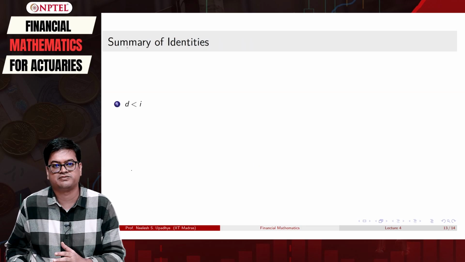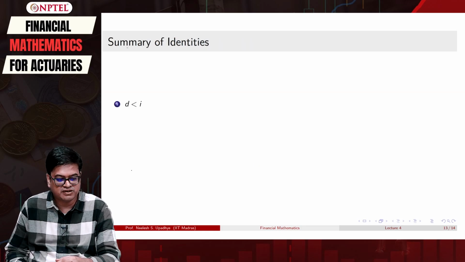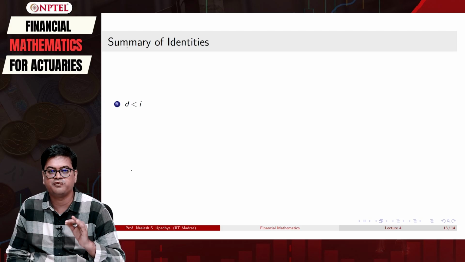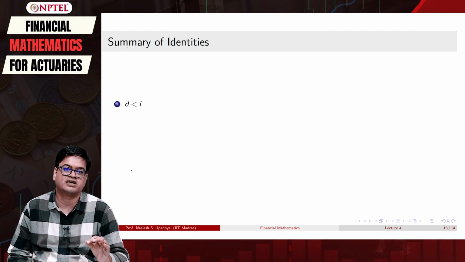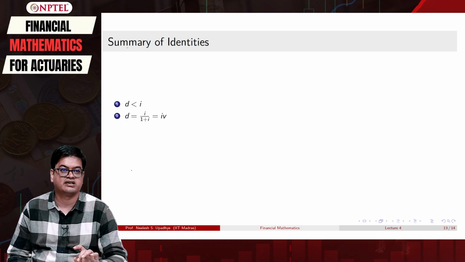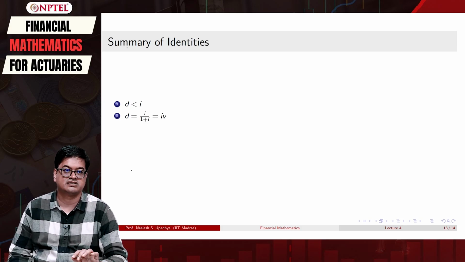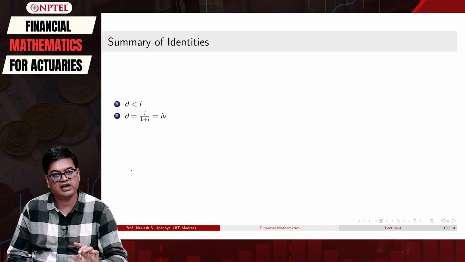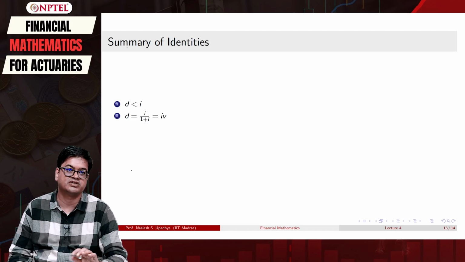So let us summarize what we have done. We have dealt with several identities. First, we have mathematically proved that discount rate is smaller than interest rate. Second, we have shown that the discount rate is actually i upon 1 plus i, which is also equal to i times v.